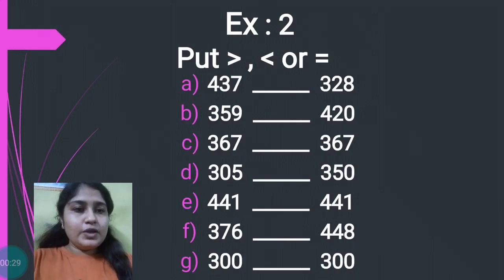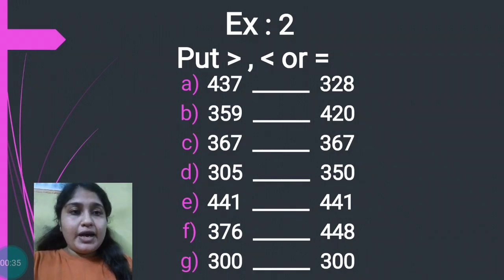Now the first one, A, 437 and 328. So students, you can compare 437 and 328. कौन सा बड़ा है उसमें से? B, 359 and 420.